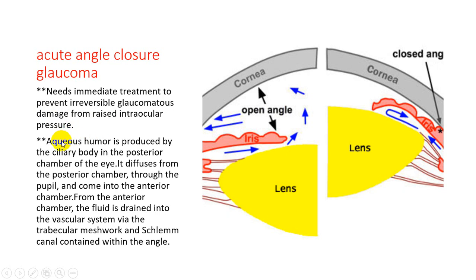Aqueous humor is produced by the ciliary body in the posterior chamber of the eye, and it diffuses through the pupil and comes to the anterior chamber, and from the anterior chamber the fluid is drained into the venous system by the trabecular meshwork and canal of Schlemm.